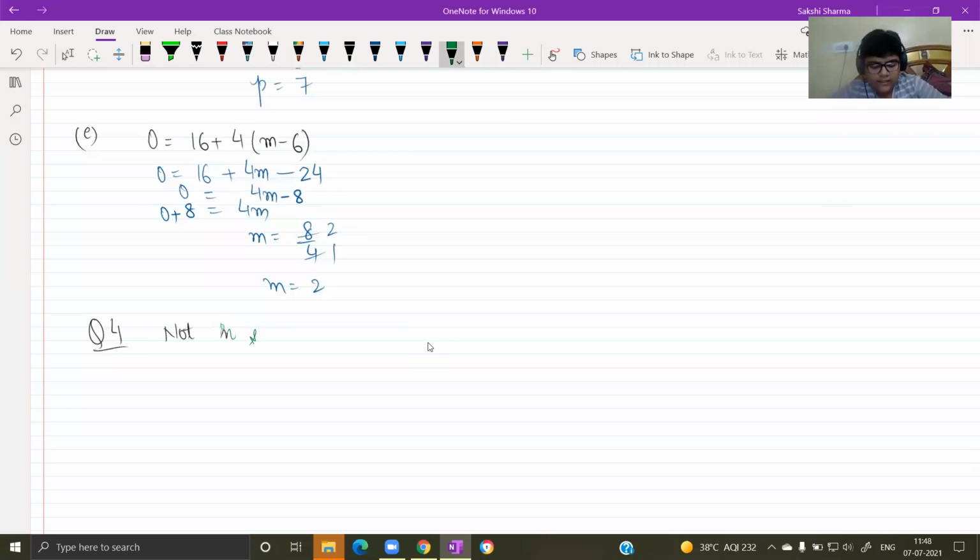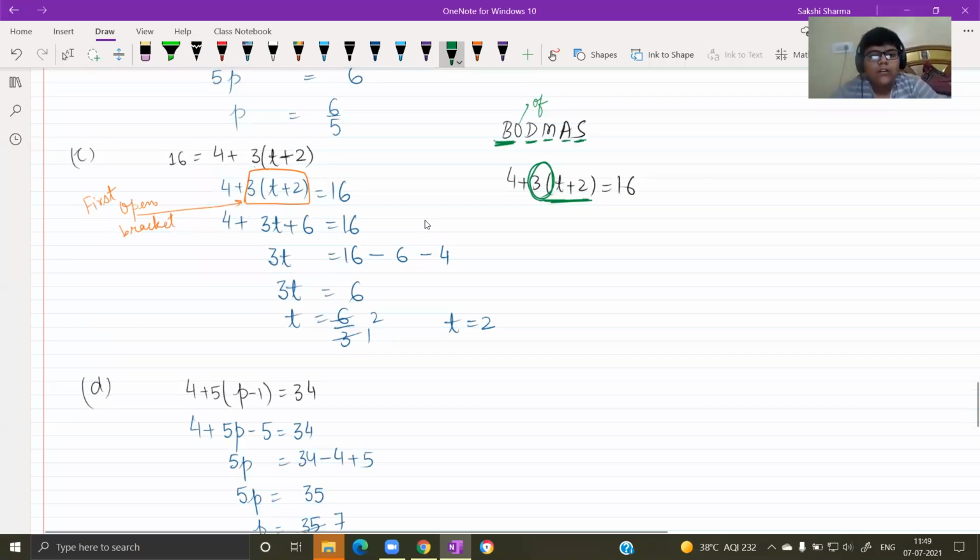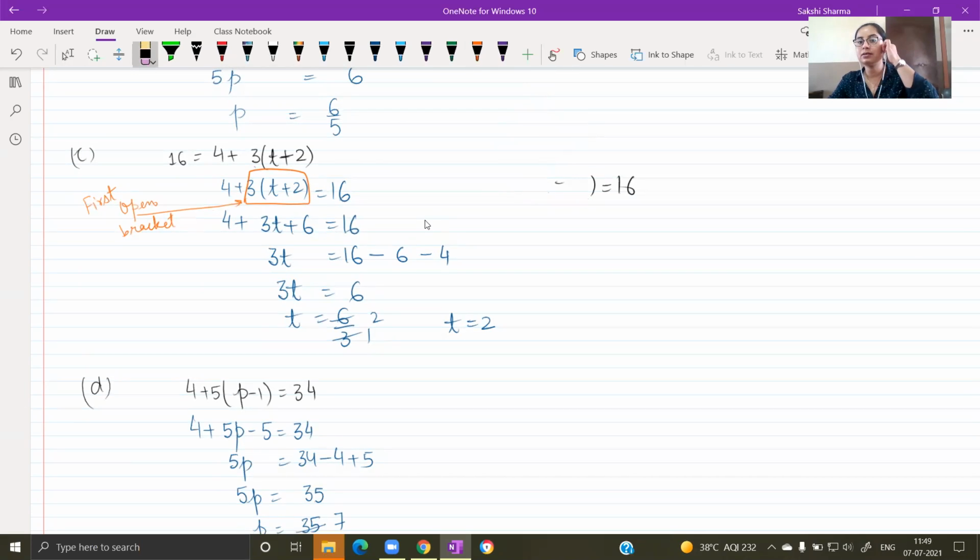Ma'am, I didn't understand the C part. Okay, can you tell me which step is not clear? Ma'am, the answer is not coming correct. How have you done it? Did you apply the distributive property? Ma'am, I have applied.